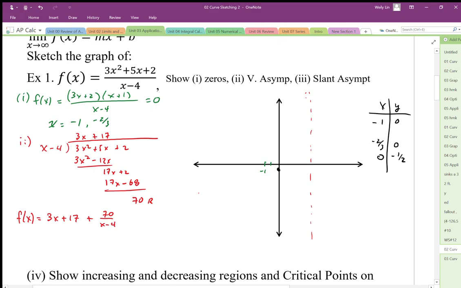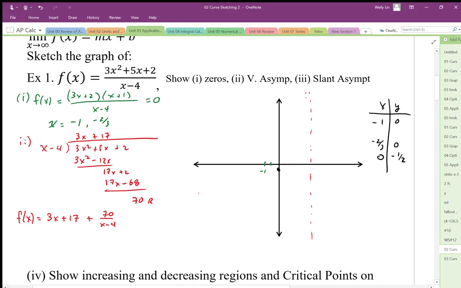So what's happening is, as x gets really, really big, this term essentially becomes 0 because we have a really big denominator. So the graph starts behaving like this 3x plus 17 function. So this is why the slant asymptote shows up, because as x gets large, the graph starts behaving like this quotient.